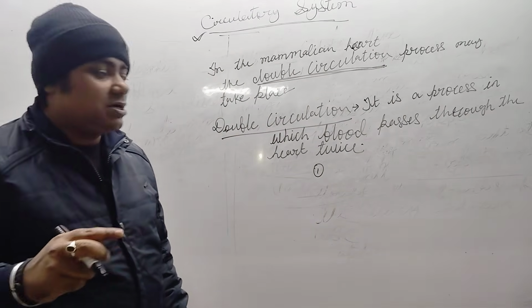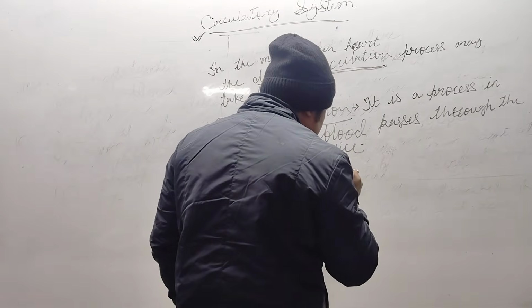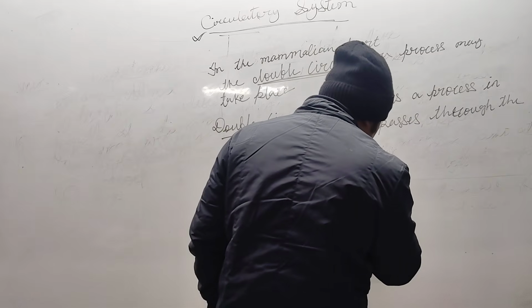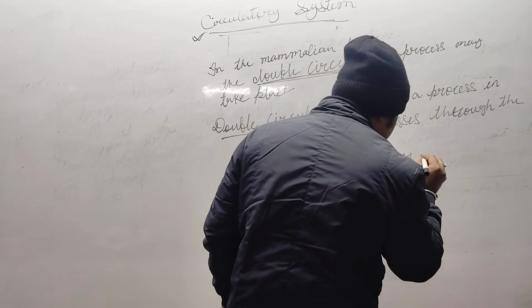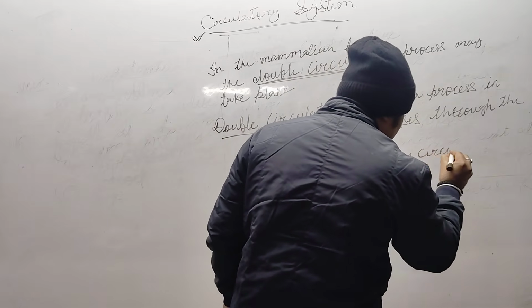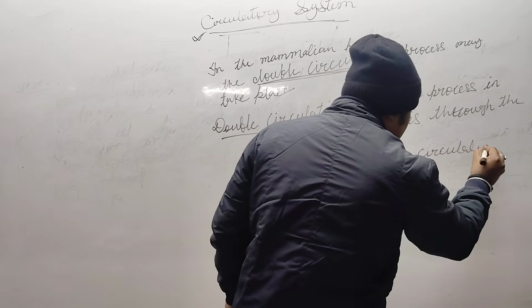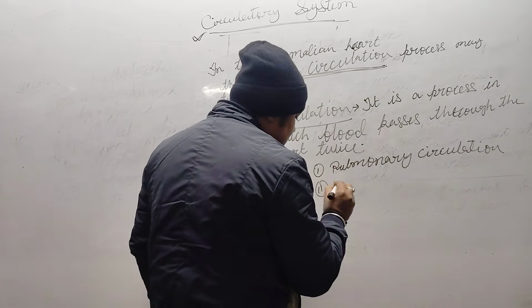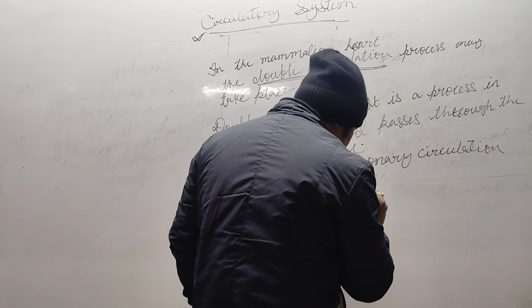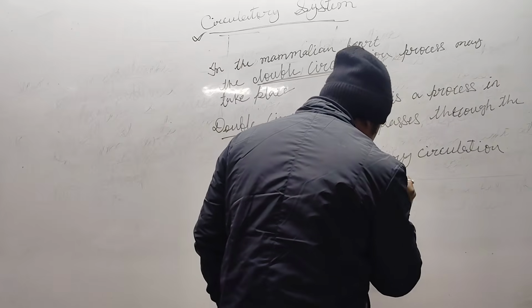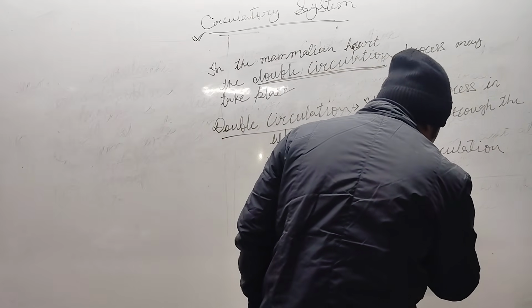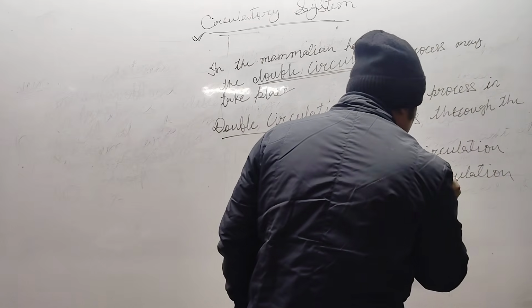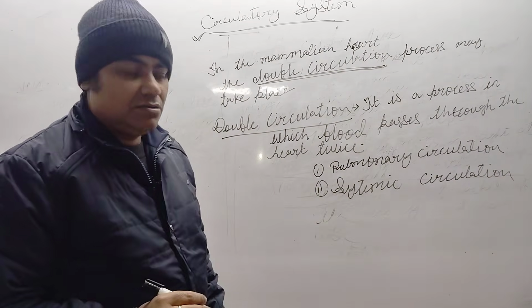The first process is pulmonary circulation, and the second one the systemic सर्कुलेशन. पल्मोनरी सर्कुलेशन क्या होता है?